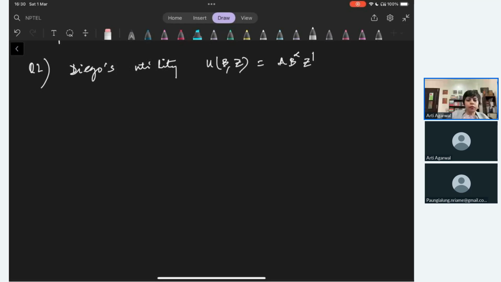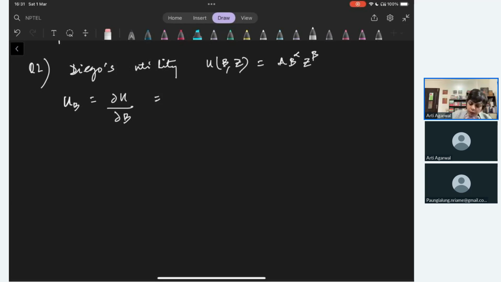All you're asked is MRS. So first let's find marginal utility. Marginal utility with respect to B is the same thing as writing U subscript B. It means, let me write it like this, del U by del B. You're taking a partial derivative of U with respect to B.